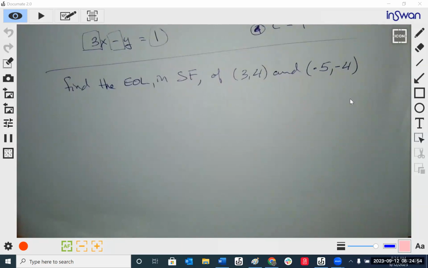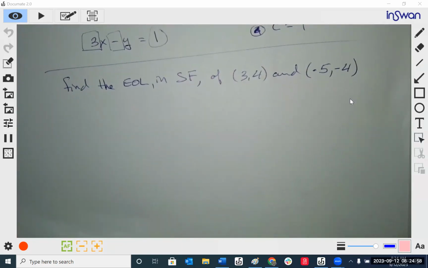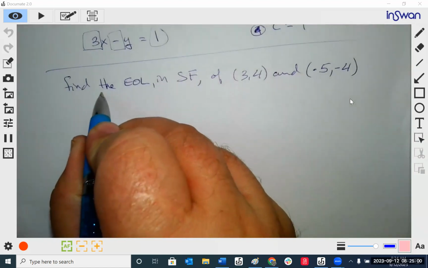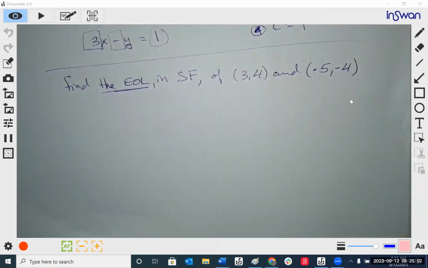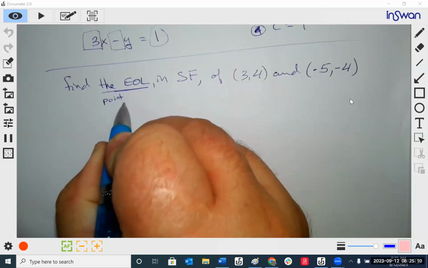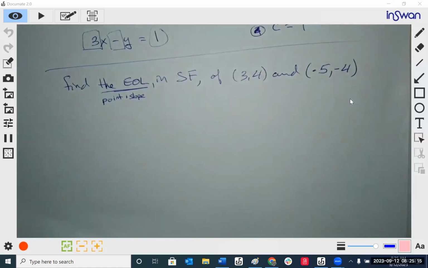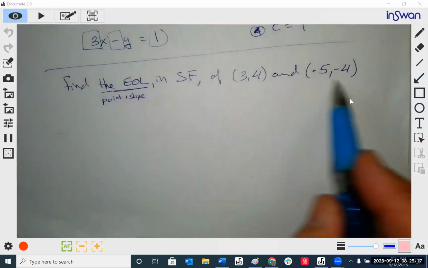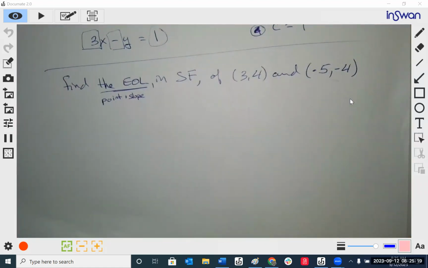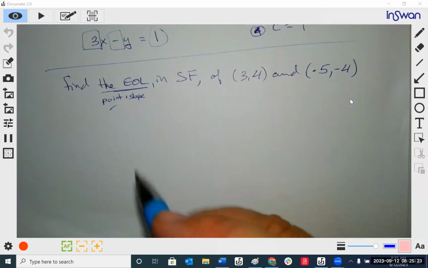Because remember, in the question, there are 2 clues. First, we're looking for an equation of the line. What do you need to find an equation of a line? You need a point, and you need the slope. We have 2 points, so we can choose either one. Doesn't matter which one. So we have that checked. Do we have a slope? So we have to find the slope.